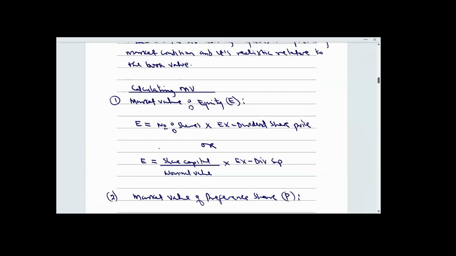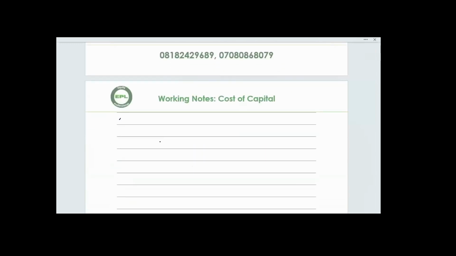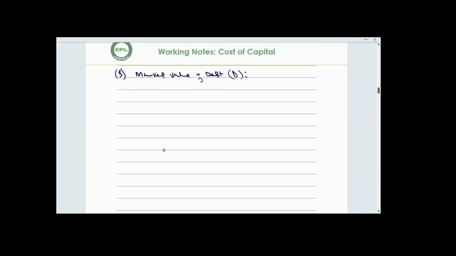So the last one, debt value. How do you estimate debt value? Market value of debts, denoted as D. To calculate debt value, you take the nominal value.